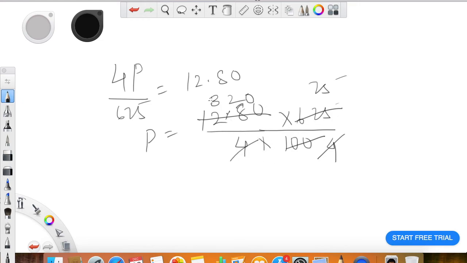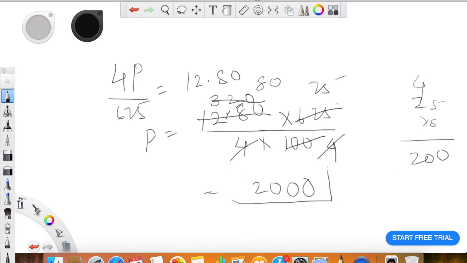Then again another 4, this is 8000. So it's basically 25 into 8, so 0 0, 4 carry, 200 into 10, which is 2000, and this is the answer.